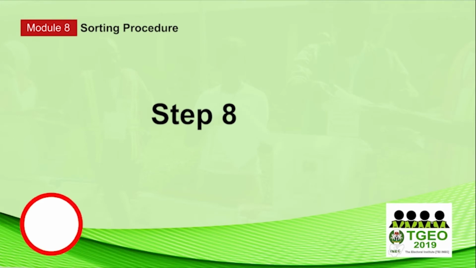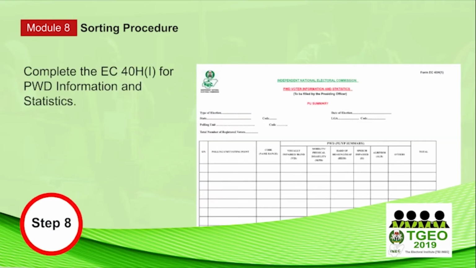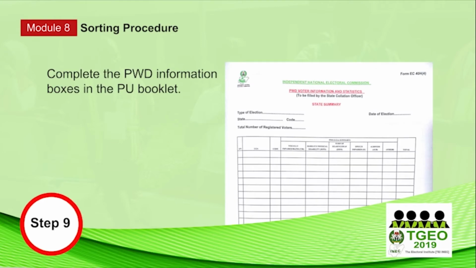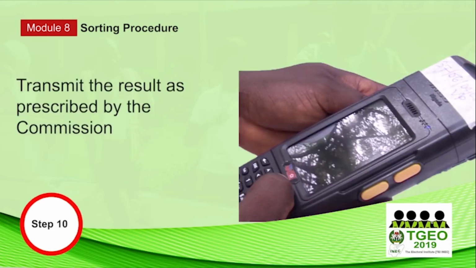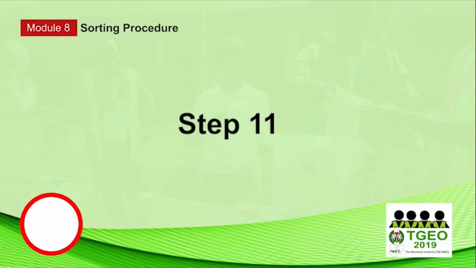Step 8. Complete the EC40H 1 for PWD information and statistics. Step 9. Complete the PWD information boxes in the PU booklet. Step 10. Transmit the result as prescribed. Step 11.